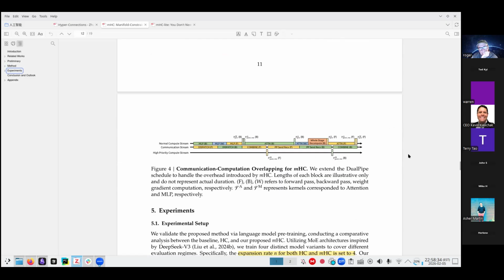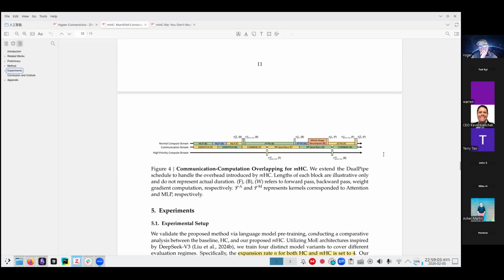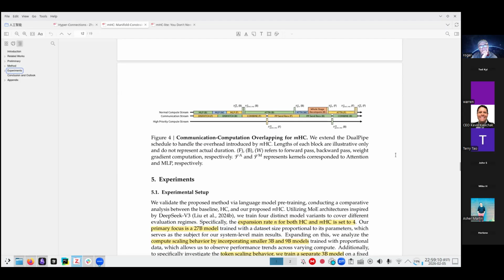The bottom line is if your residual stream is 4 times as big, then your communication between GPUs is going to be slower. So they needed to figure out a way to increase the compute chunks in order to hide the time for that communication. They had to retune their whole parallelism strategy, but it's just a tuning thing. In the grand scheme, there's nothing theoretical that's novel.